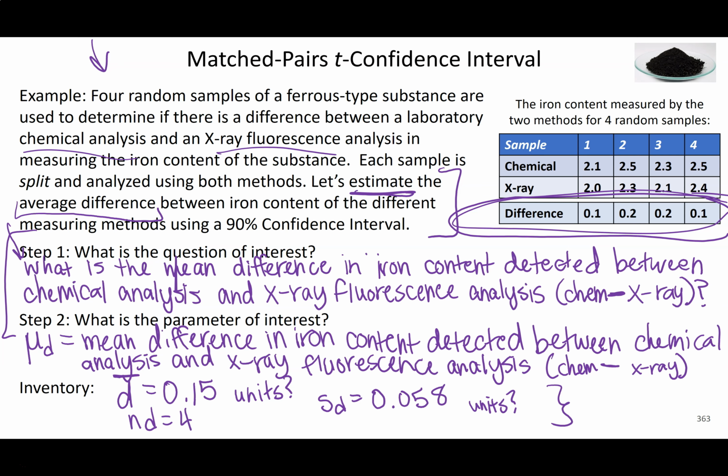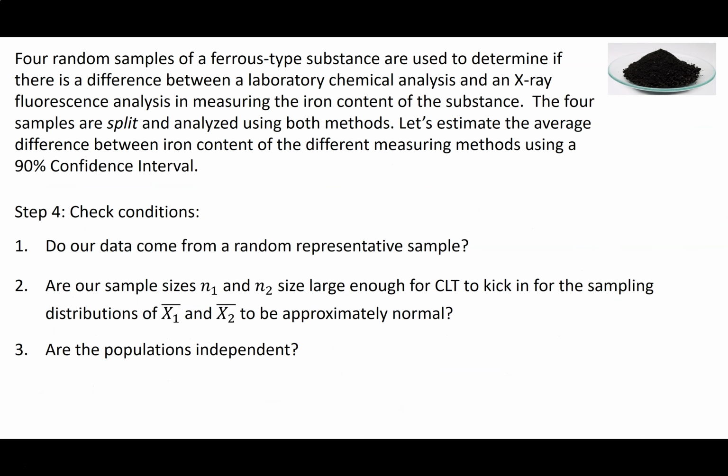So things to consider before we go there. Did they tell us? You will see. So 4 random samples of this fair. Do we have our data from a random representative sample?